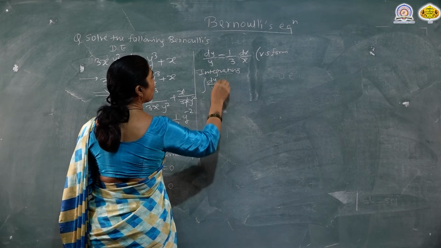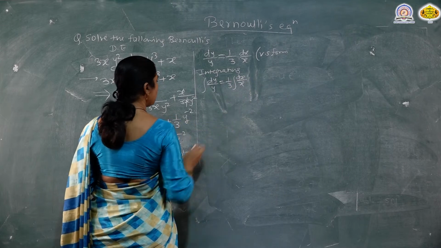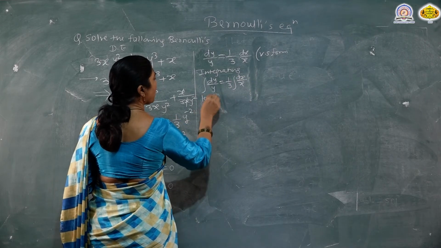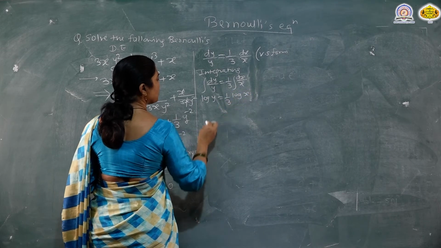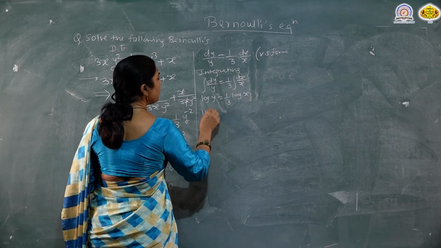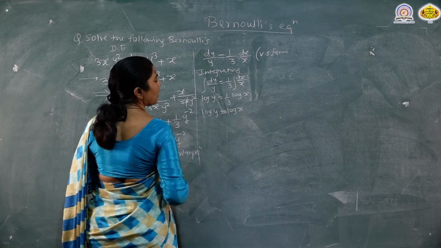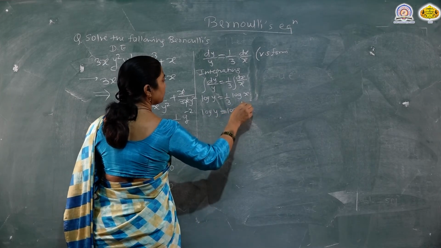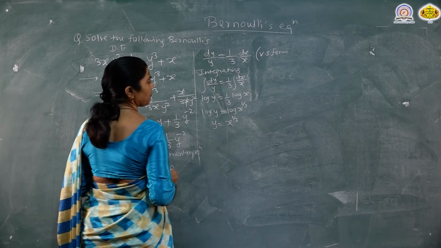So dy upon y is equal to 1 upon 3 dx upon x, that is log y is equal to 1 upon 3 log x, or we have log y is equal to log x raised to 1 by 3, and therefore y is equal to x raised to 1 by 3.